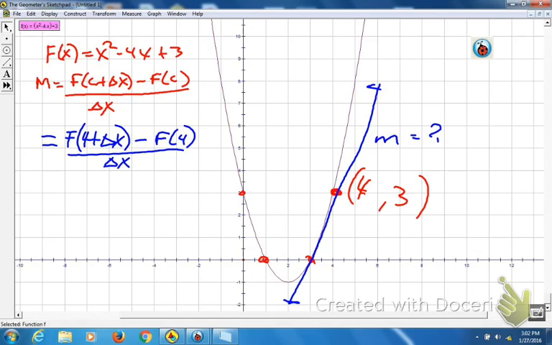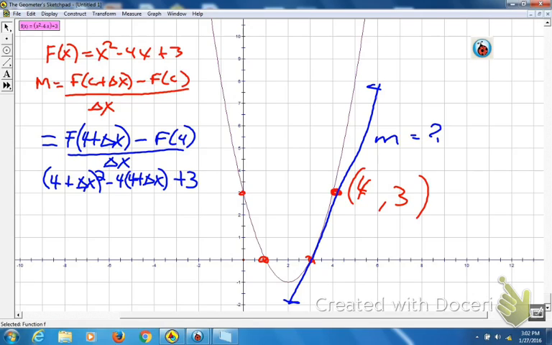So now, this is going to be 4 plus delta x, squared, minus 4 times 4 plus delta x, and this will be plus 3.